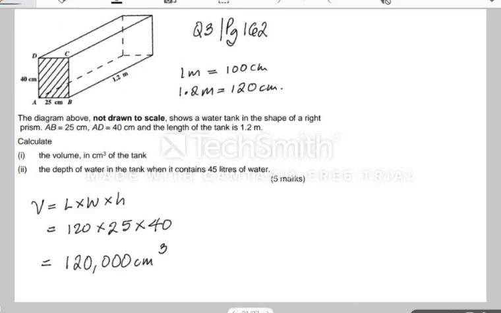All right. The next thing they're asking us to do is to calculate the depth of water in the tank when it contains 45 liters of water. So let's try and get an appreciation of 45 liters. Remember earlier we said that 1 liter is equal to 1,000 centimeters cube.